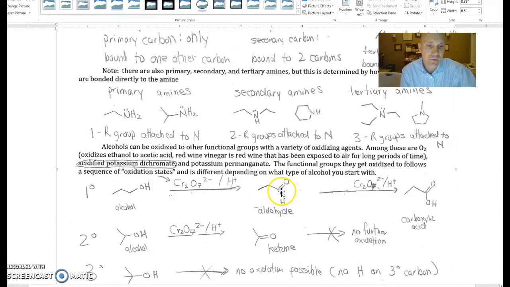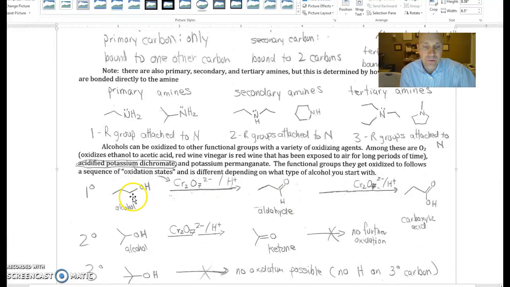One thing I want to point out: even though with line angle drawings normally we don't draw hydrogens directly attached to carbons, it's quite common, more often than not, when drawing an aldehyde, that people go ahead and draw in that hydrogen. It's usually drawn anyways.